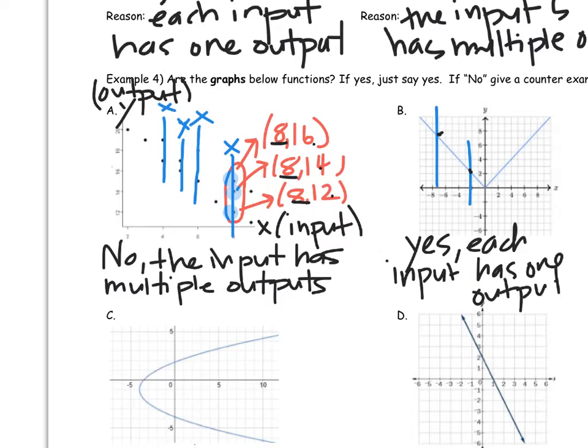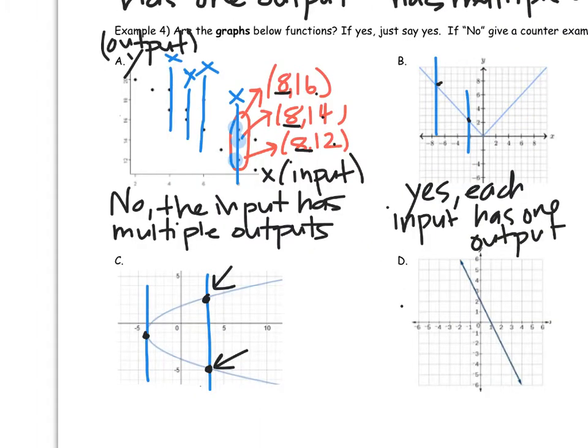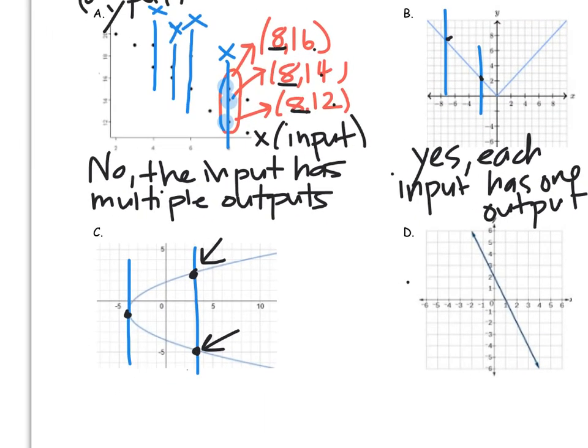All right, let's look at C, and again, I'm going to do that vertical line test. So I'm going to draw a vertical line right here, and look, it only hits 1 point. Now I'm going to draw another one. I can pick anywhere I want. If I draw it here, look what happens. It hits here and there, which means that this input, let's look at where my input is, maybe 1, 2, 3, has multiple outputs.